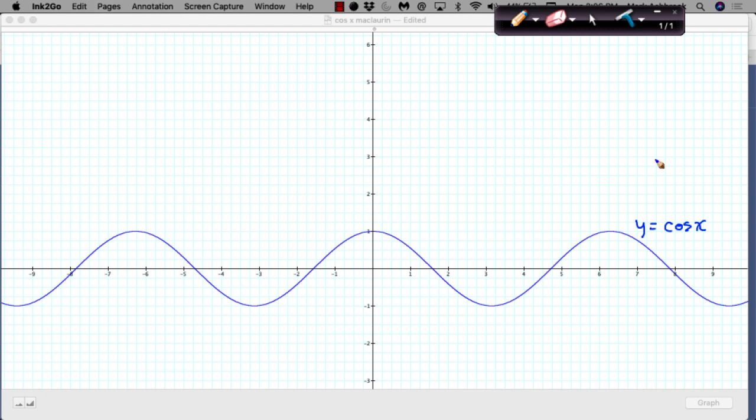For the first one, it's just a constant line at y equals 1. He wants a constant line at y equals 1. And so that's the 0th degree Taylor polynomial. So what about the 1st degree Taylor polynomial, the one that would be a linear approximation?